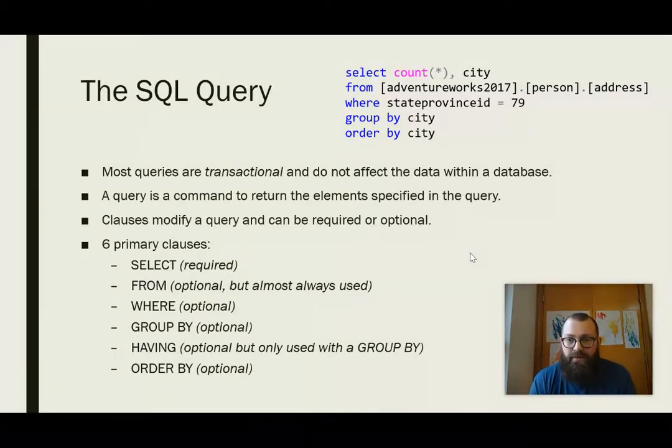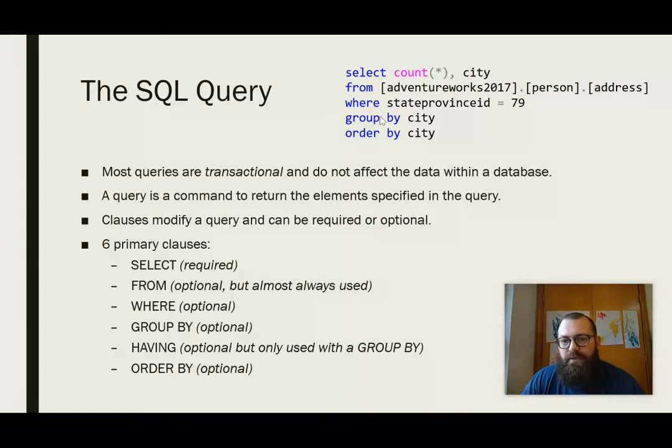The query is basically just a command to return certain elements that are specified within the query. There are various clauses that can appear in a query, and they modify the query. Certain clauses are optional or required.